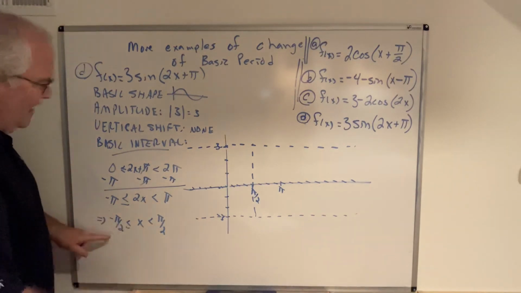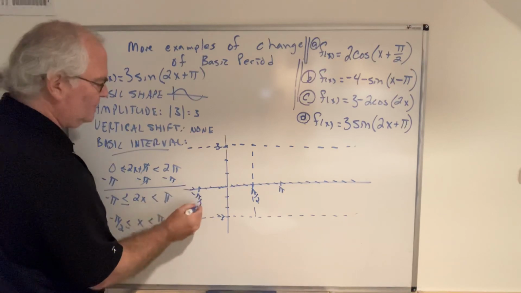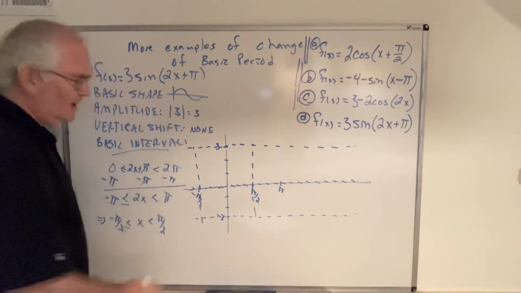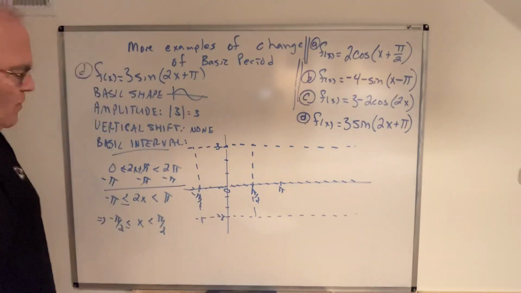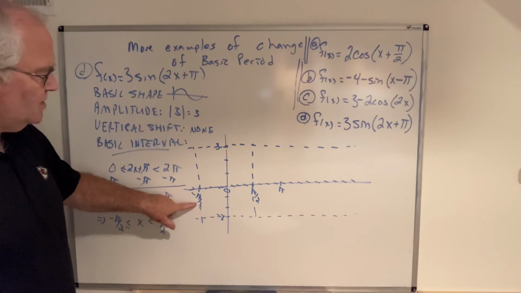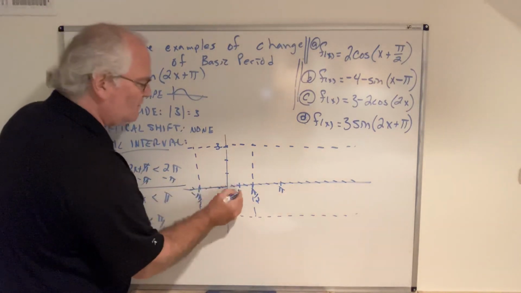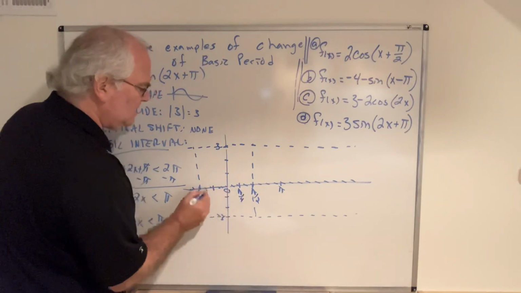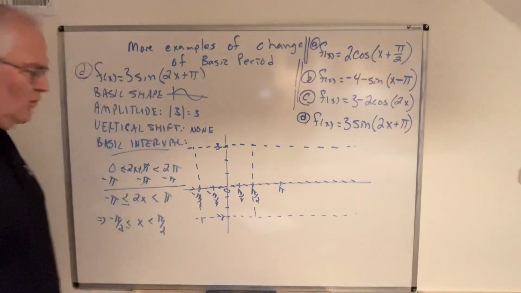And then we also need -π/2, so that same distance over here. This is -π/2. There's the left-hand side. I need to divide this into 4 equal pieces. This is +π/2, this is -π/2, and we know how to divide each of those into half. This is π/4, and this is -π/4, and 1, 2, 3, 4. We have now 4 equal pieces.